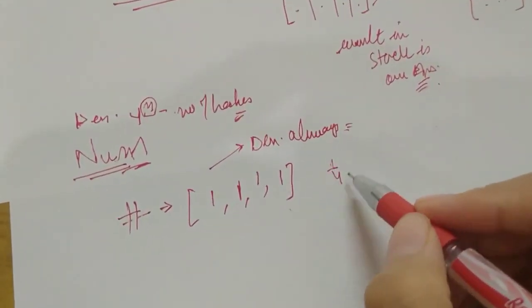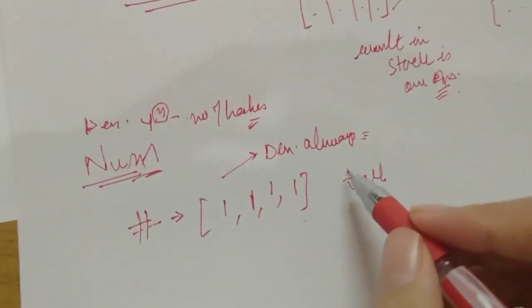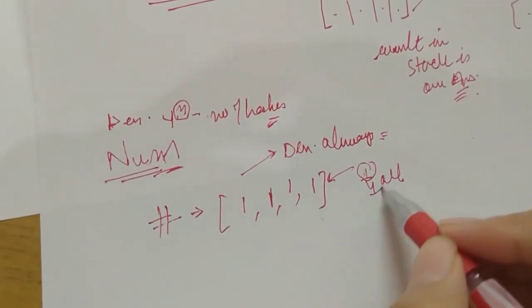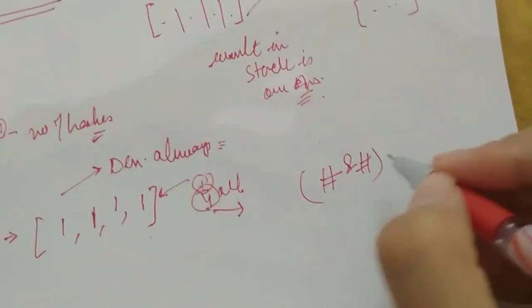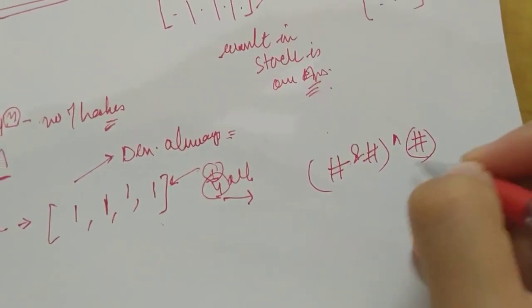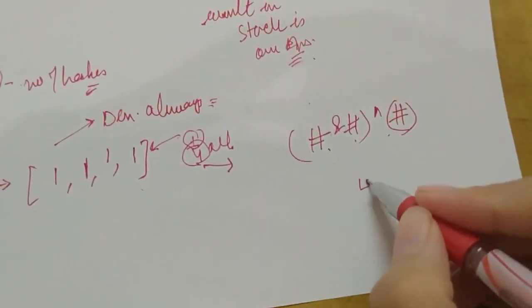We know this is all 1 by 4, but we write only the numerator here. If in a string like this there are 3 hashes, the total possibilities are this.